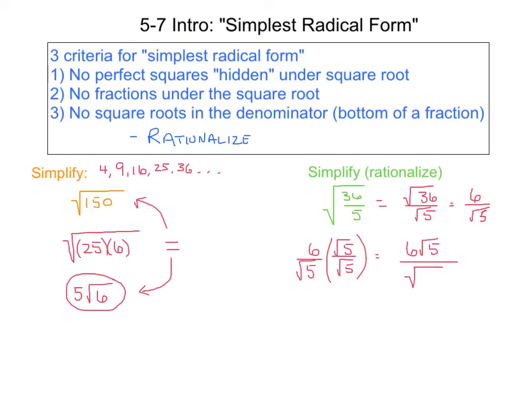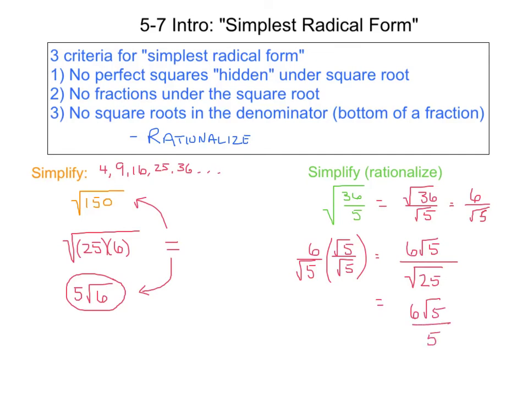Because these are both in the square root signs, you can multiply them together, as opposed to the 6, which is not in the square root, and the 5, which is. So because these are both in the square root, you can multiply them together to be the square root of 25, and of course we know the square root of 25 is simply 5.